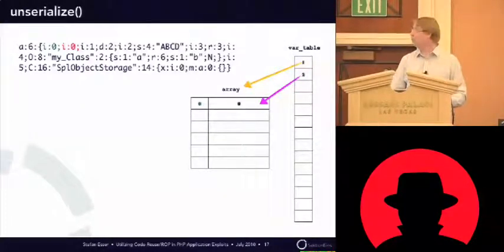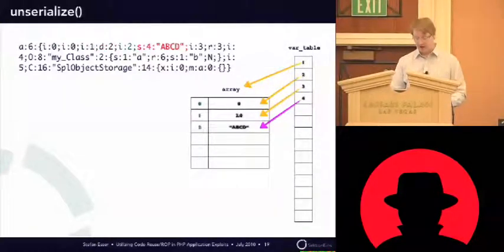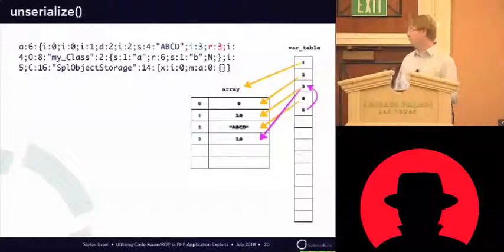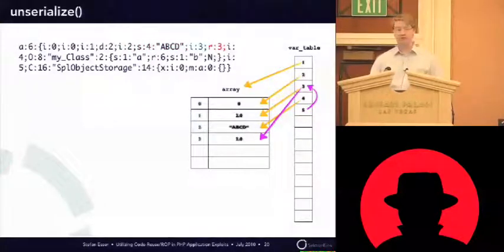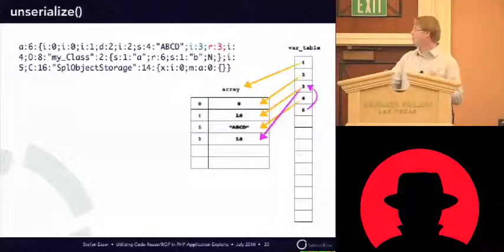This continues with a floating point 2.0, a string ABCD, and now we get a reference. It's a reference to the third slot. So PHP will go to the third slot and see that it's a pointer to the floating point 2.0, so this will be the reference to the 2.0.